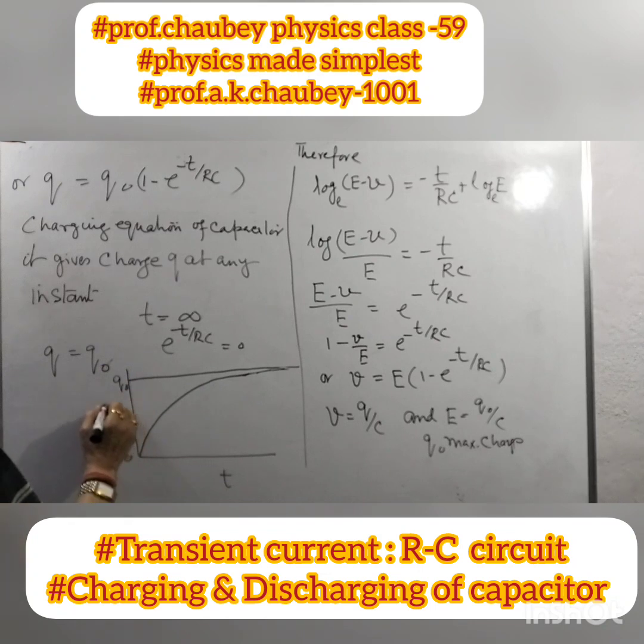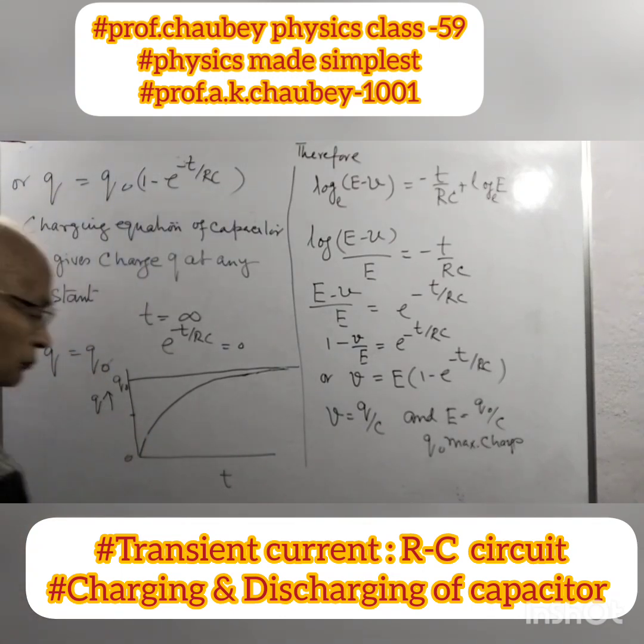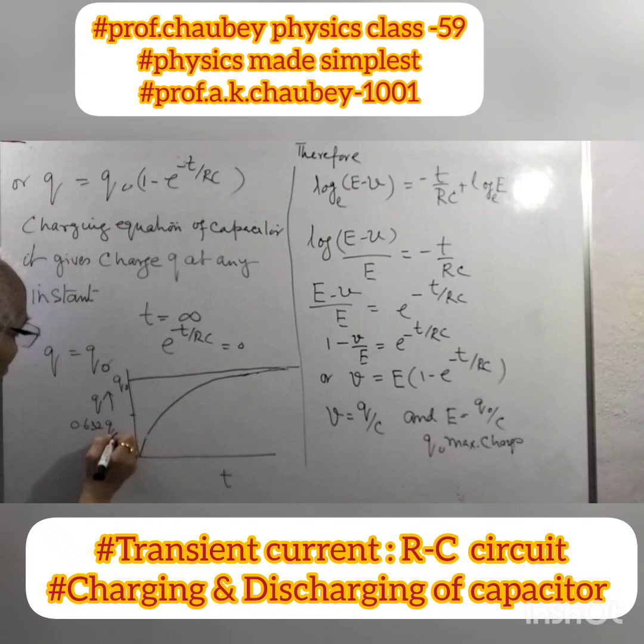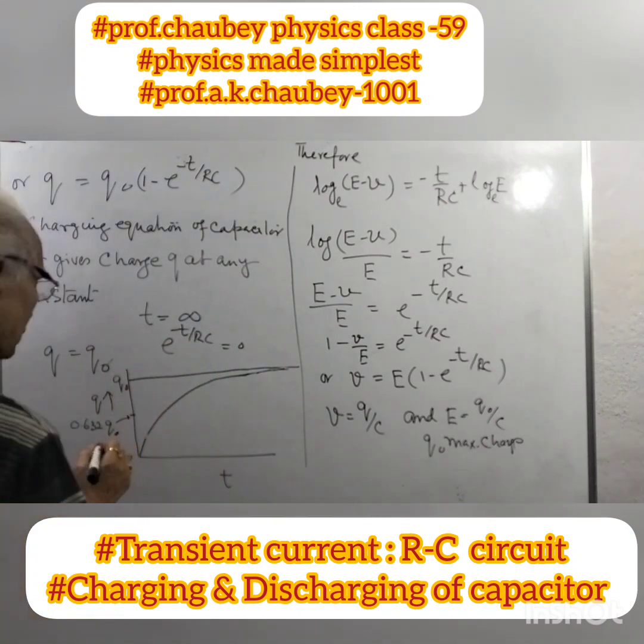This is the Q scale, and charge increases like this. At this point the charge is 0.632 Q naught, so Q naught cancels. What is the time here? Put t equal to RC.